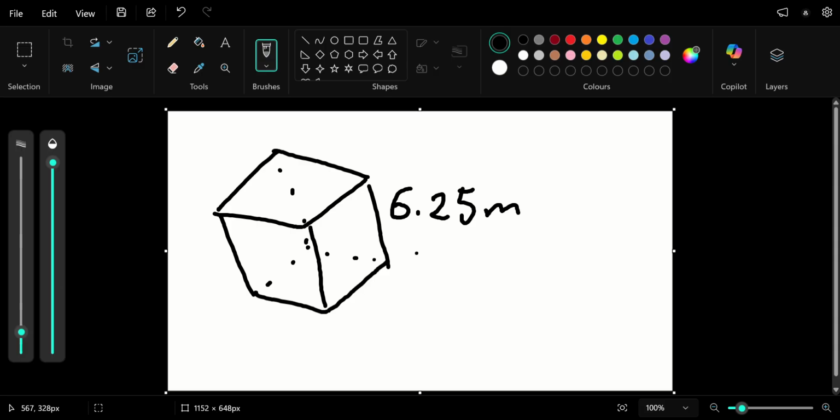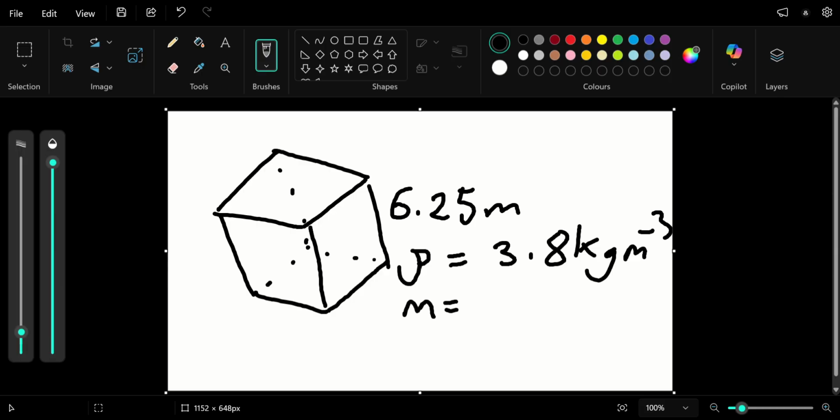We know that the density of this cube is 3.8 kilograms per meters cubed. Find the mass. You can pause the video and try this problem.